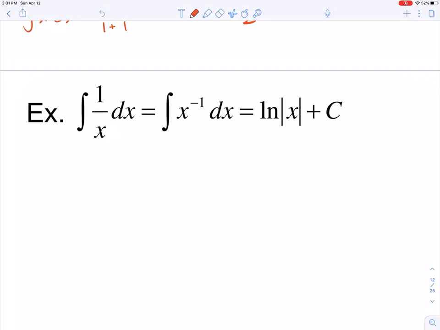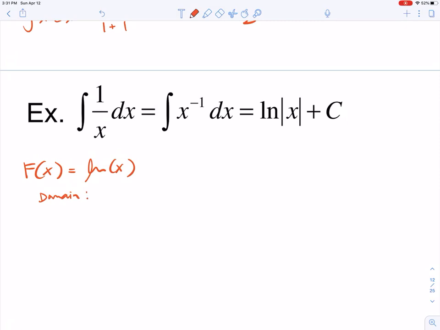Okay, the integral of 1/x with respect to x ends up being the natural log of the absolute value of x plus c, and it's important to put that absolute value. Let's say we had a function ln of x.